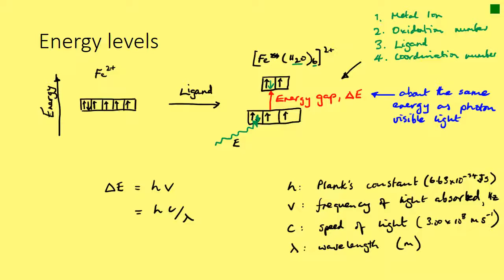And wavelength is measured in meters, and the speed of light is about 3 times 10 to the 8 meters per second.